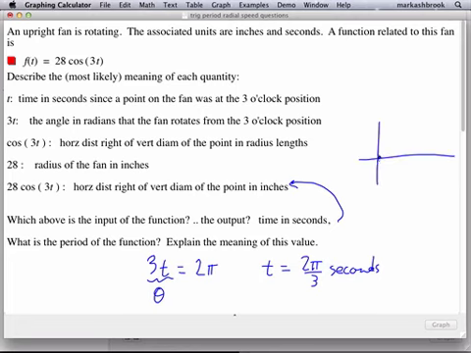So where's 2 pi over 3? 2 pi over 3 is like here. According to time, it'll have to do a full rotation in 2 pi over 3 seconds.